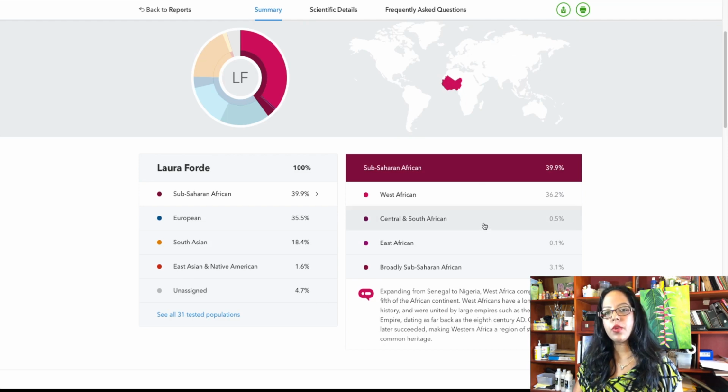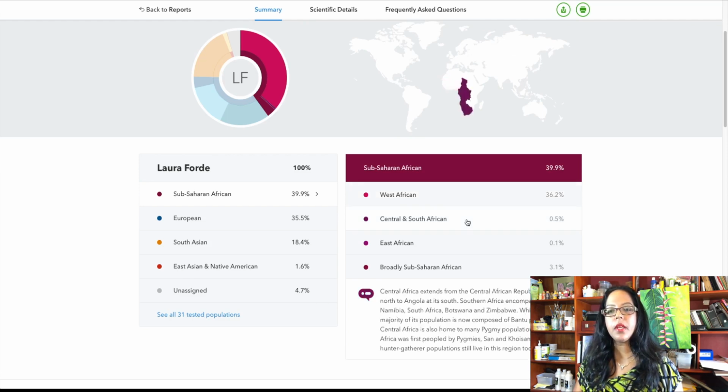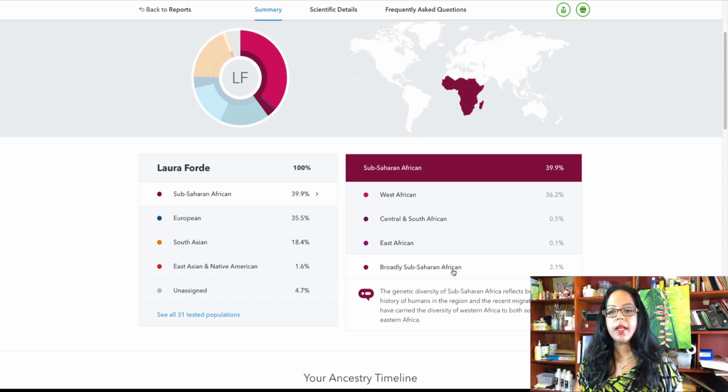So I'm 36.2% West African. I am 0.5% Central and South African. I am 0.1% East African, and 3.1% broadly sub-Saharan African. So this gives you that breakdown.